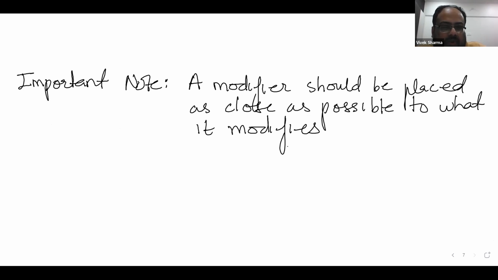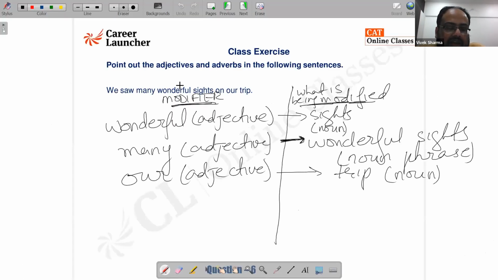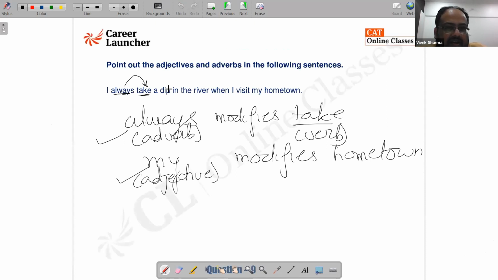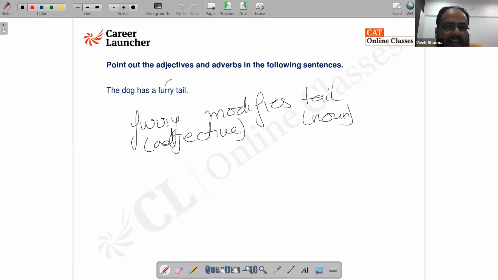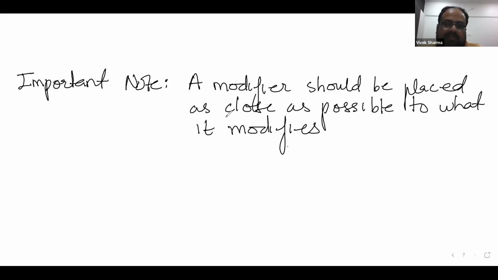And even if you have a look at the questions that we did, wonderful is placed next to site, many is placed next to wonderful sites, are is placed next to trip, right? Always is placed next to take, my is placed next to hometown. And any example, furry is placed next to tail. Right? So take any example that we have discussed so far, the modifier is placed next to what it modifies.